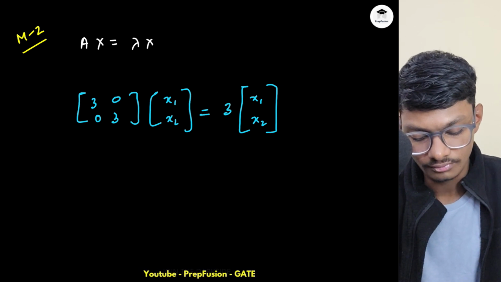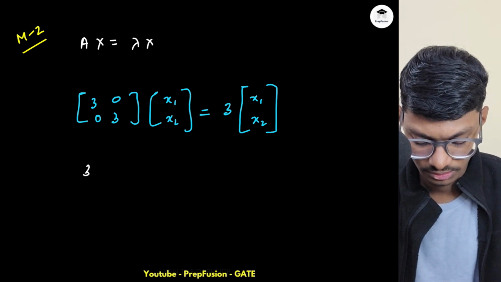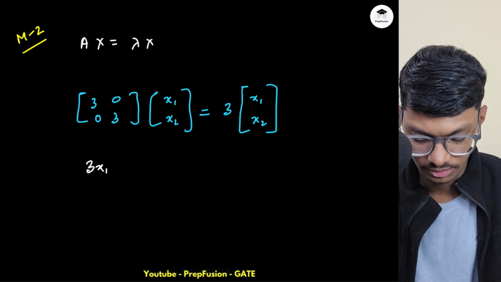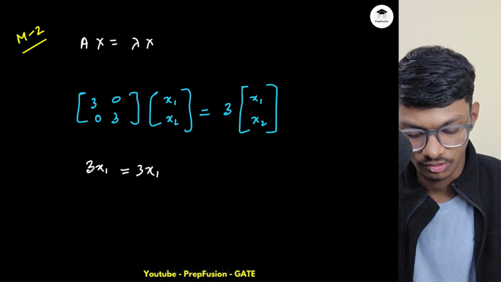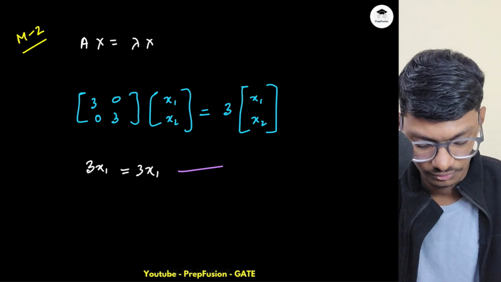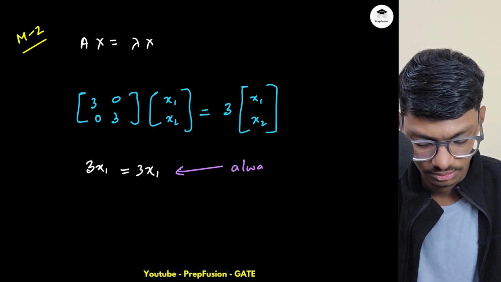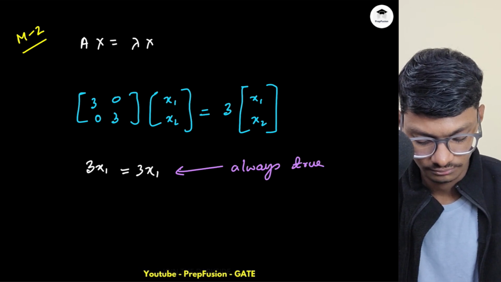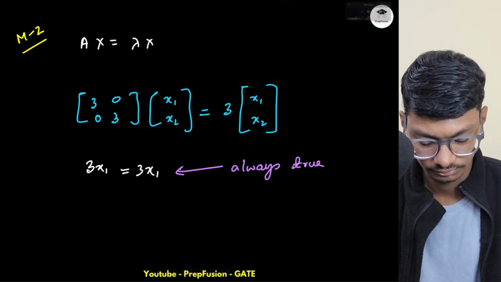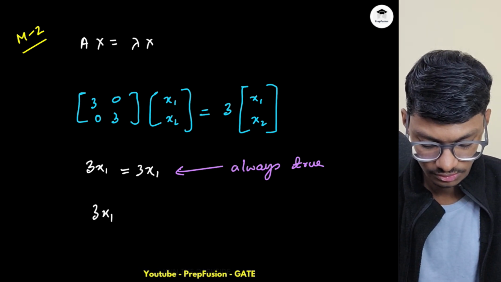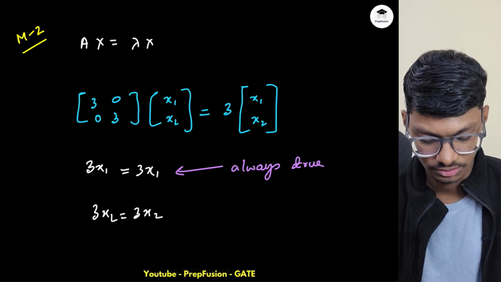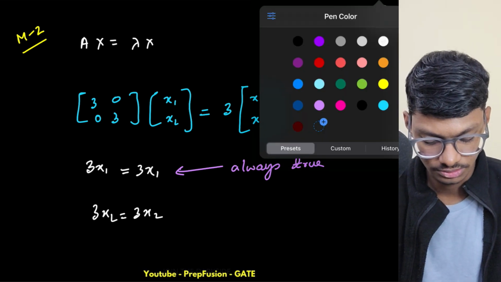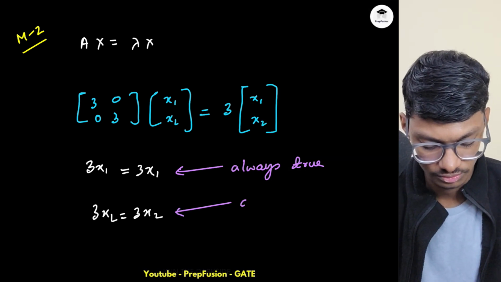So this becomes 3x1 equals 3x1, which is always true, and 3x2 equals 3x2, which is also always true.